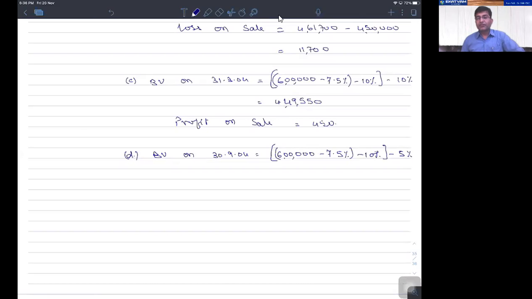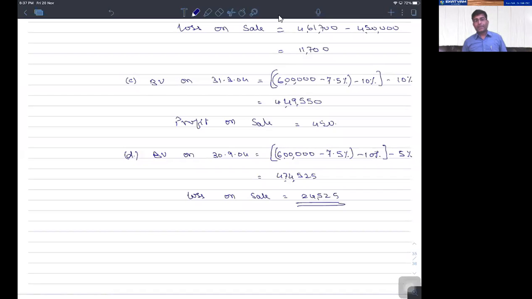That comes to 474,525. And accordingly, there is a loss on sale of asset that is equal to 24,525.